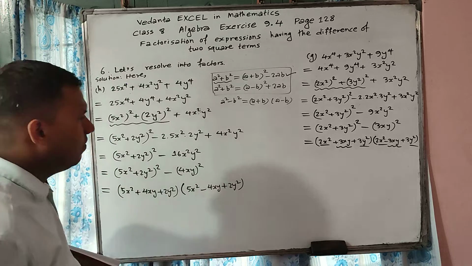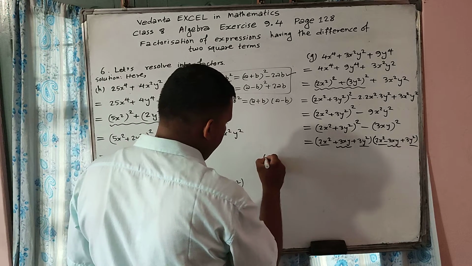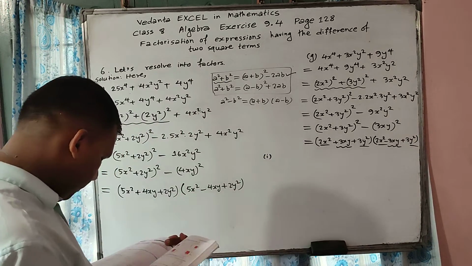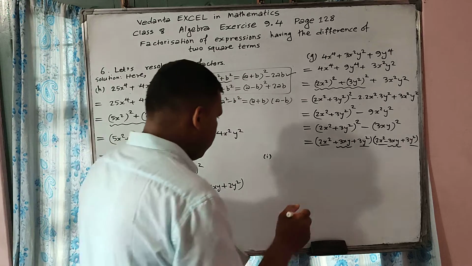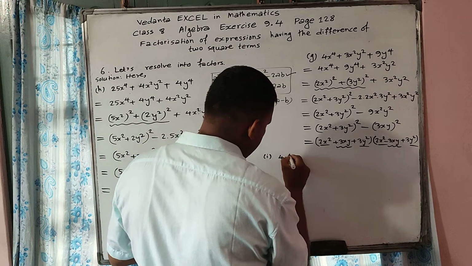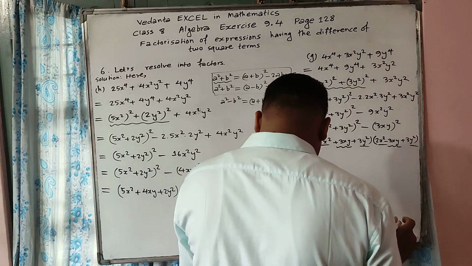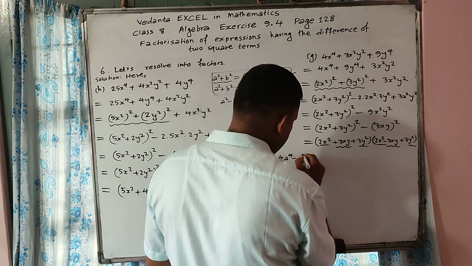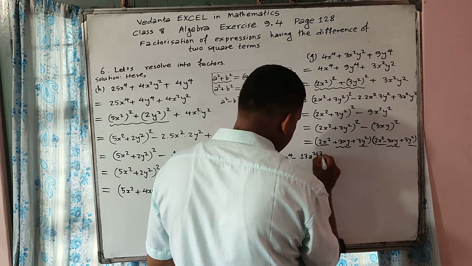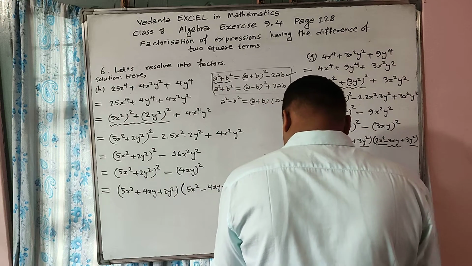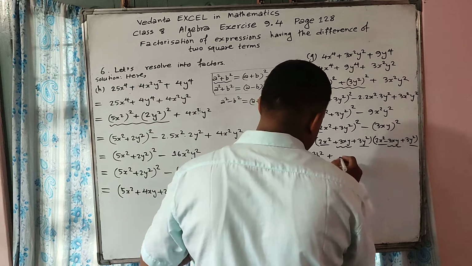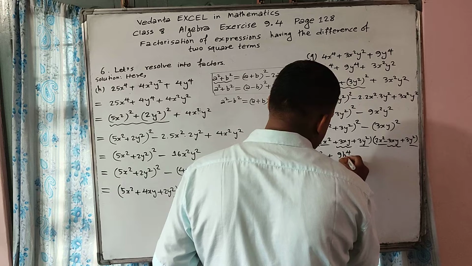Now next question, for I. On I we have 4a to the power 4 minus 13a square b square plus 9b to the power 4.